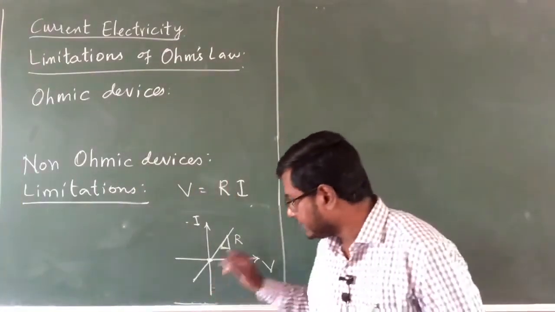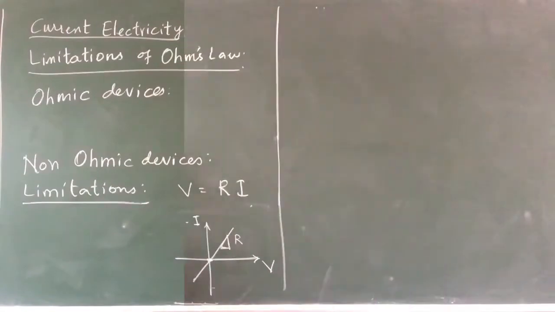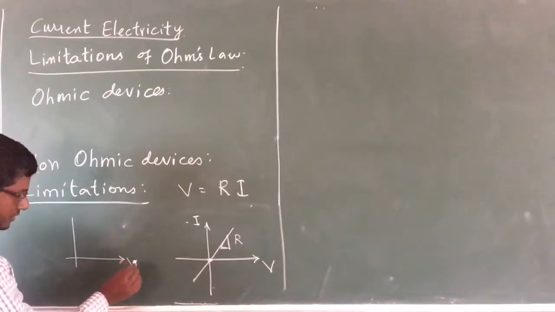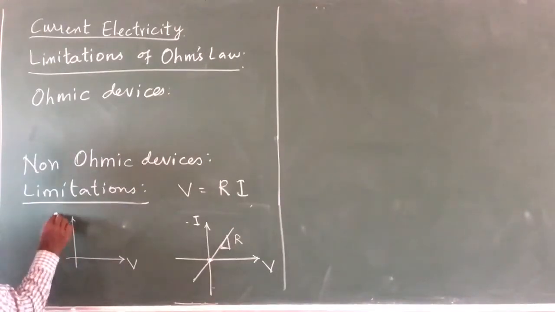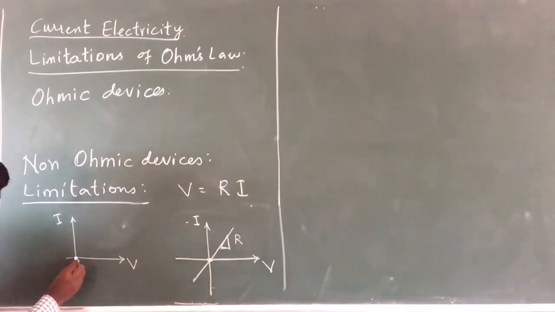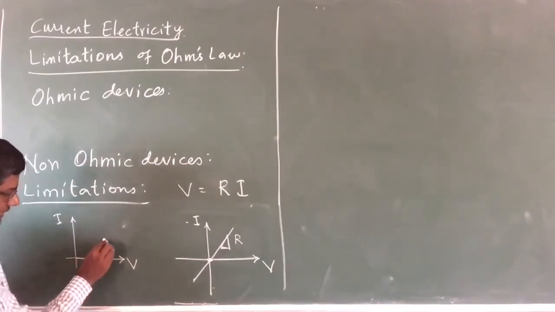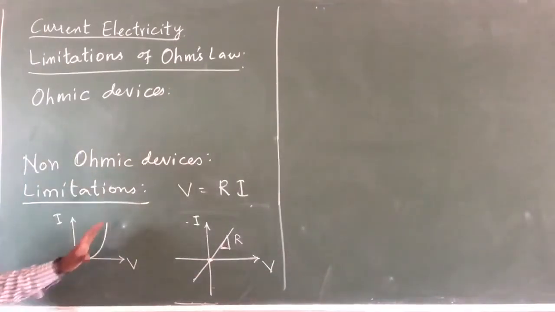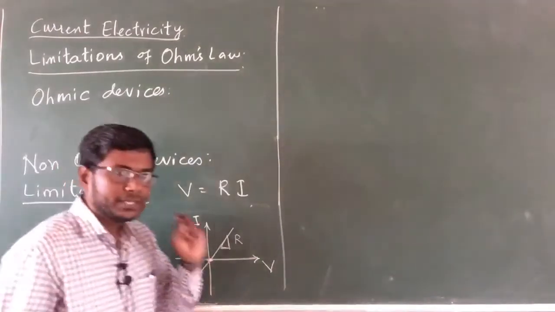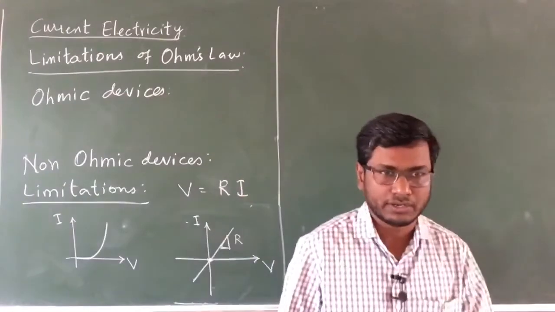Instead of this kind of characteristic, when we had the p-n junction in forward bias, I put the potential on the x-axis and current on the y-axis, same as here. But in that case, instead of a straight line, I had this kind of curve.